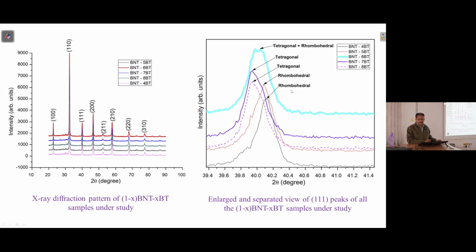Because of this existence of two phases, the names also are there. Like for this one and this one, that is the first two, right? Here you have this and this. So these are rhombohedral, and the last two, 7 and 8, these are tetragonal.